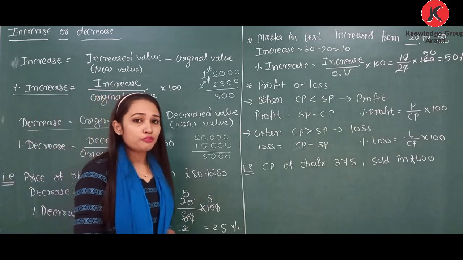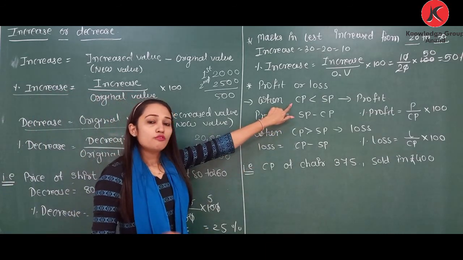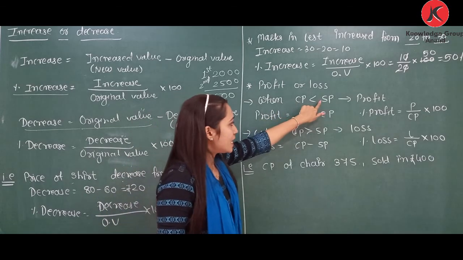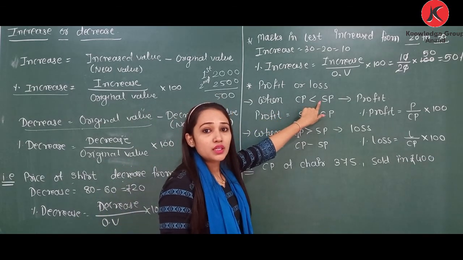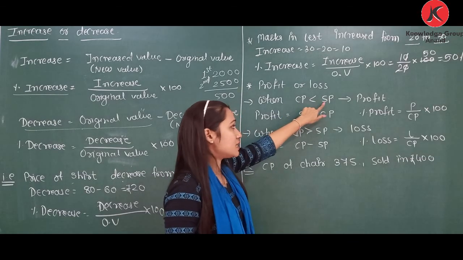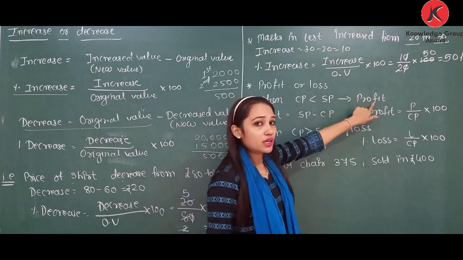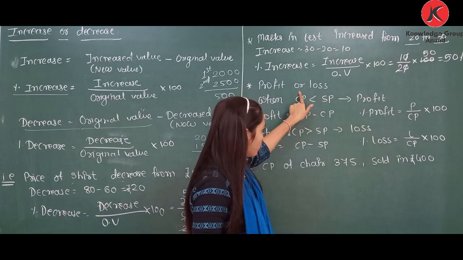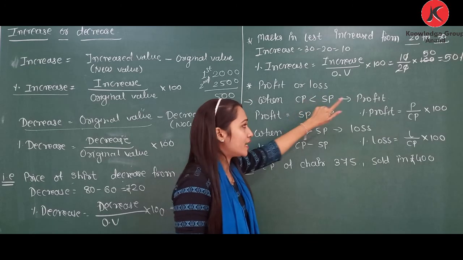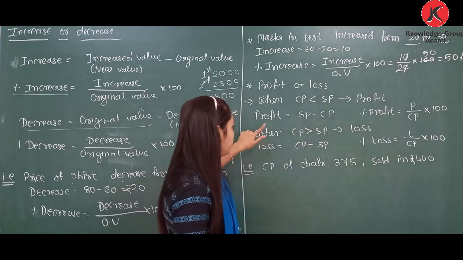So what is the profit? Cost price is whatever money the shopkeeper pays, and selling price means whatever money he sells that item for. So when cost price is less than selling price, you get a profit. 100 rupees and your 120 rupees. So 100 rupees is less than 120, so that will be profit.